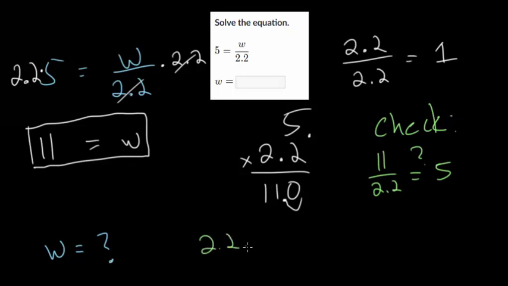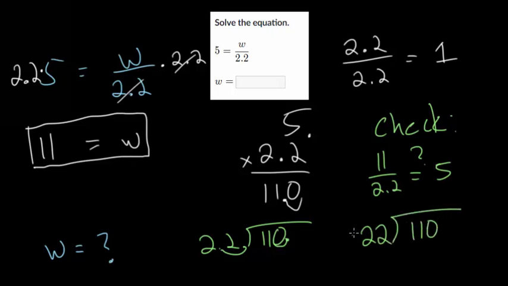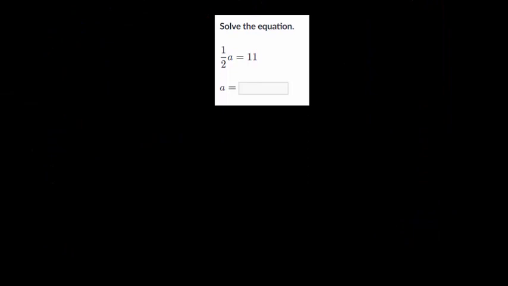So 2.2 goes into 11, but we have to move this decimal once, which means we have to make a decimal place here. So this just becomes 110. So we're figuring out how many times 22 goes into 110, and we know this goes in 5 times. So we got back the answer we expected, which means we can feel confident that w does in fact equal 11.